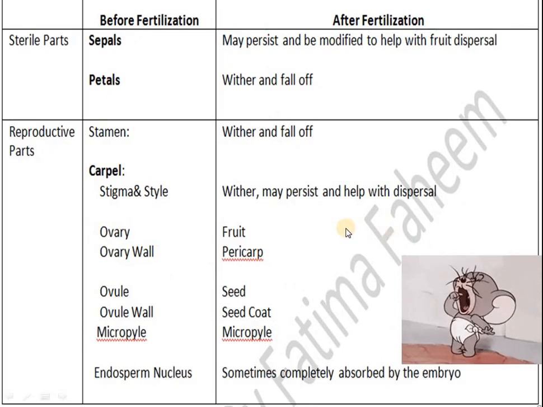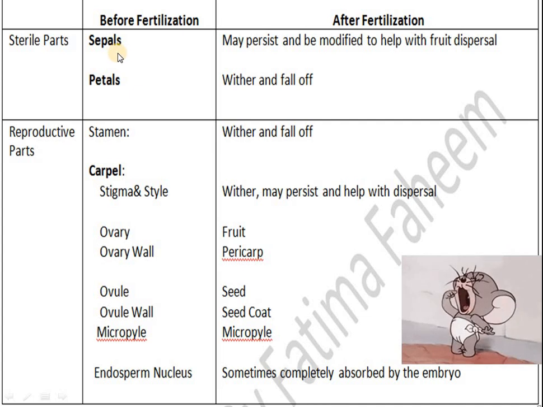Here in the table as well, I've tried to summarize the post-fertilization changes. The sterile parts which were not involved directly in reproduction will mostly wither off, but may persist in the fruit dispersal process.